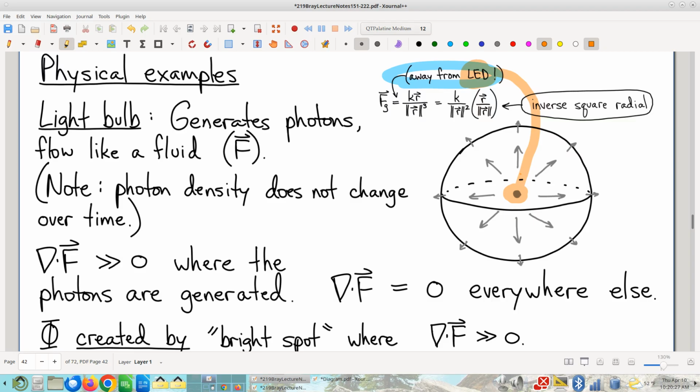So if you want to talk about what the vector field is right next to the origin, like inside of the LED, yeah, things get weird. We're not going to talk about that here for the moment. But anyway, away from where the LED is, everywhere else, this is what the vector field looks like.